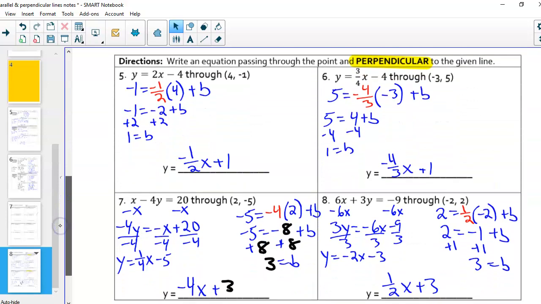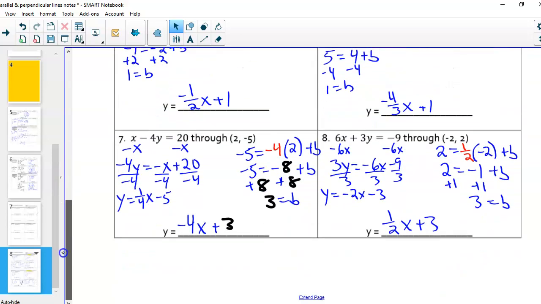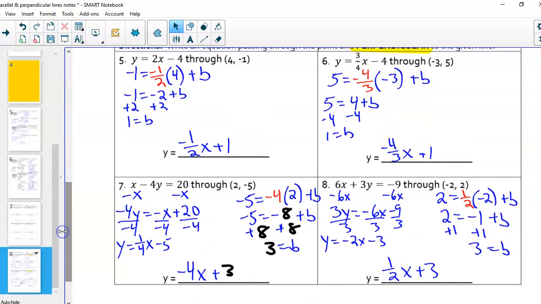For 5, you should have got -1/2 x plus 1. 6 was -4/3 x plus 1. 7 was -4x plus 3. And 8 was 1/2 x plus 3.